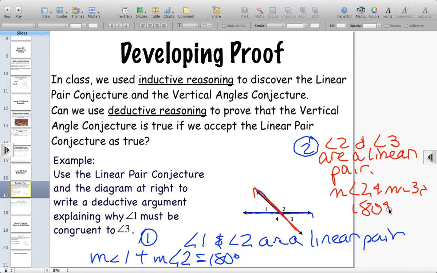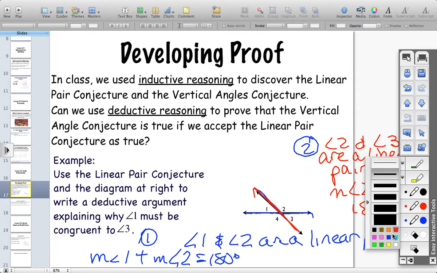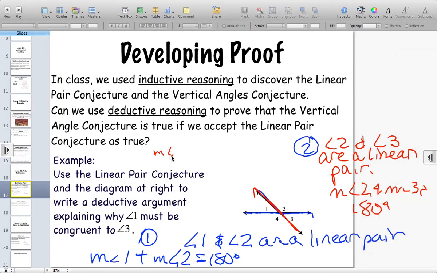Well, then using algebra, for step 3, we know that the measure of angle 2 plus the measure of angle 3 equals the measure of angle 2 plus the measure of angle 1.